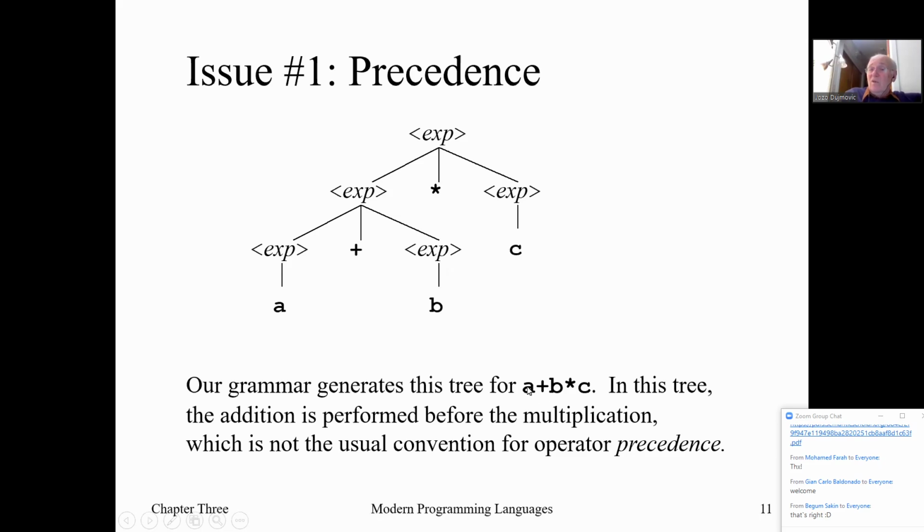So if you get A plus B times C in some mathematical textbook, you will say we are going to multiply B, C first, and then we are going to add A. So the precedence of operator multiplication has to be higher than the precedence of the operator addition.